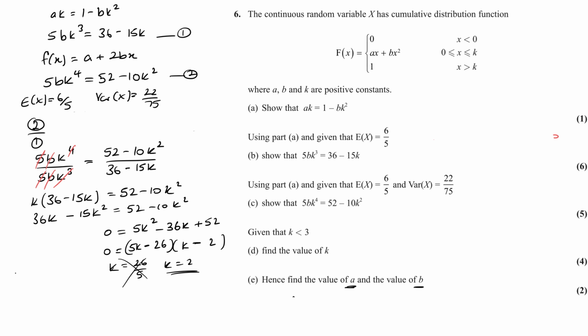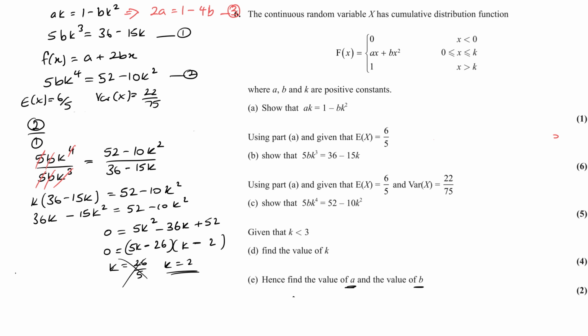So you've got the first equation here, can substitute into it. So this one now becomes, I'm going to do this in red up here. So k is 2, so it becomes 2a equals 1 minus 4b. So that now is a new equation. I'm going to call that equation 3.